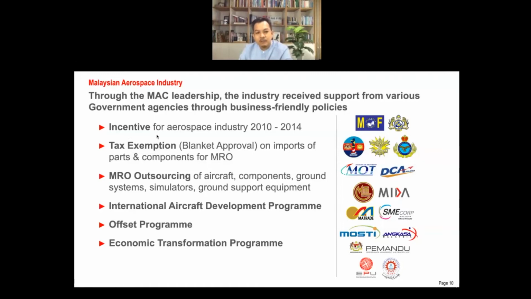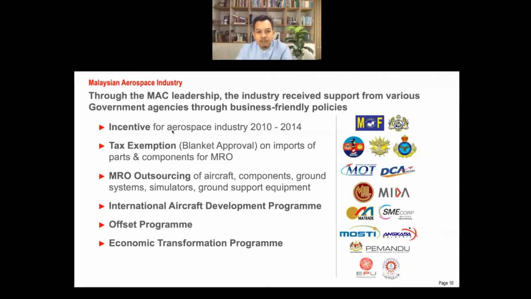So what we call foreign direct investment as well as domestic direct investment, FDI and DDI for the aerospace industry. This is a very special program. So those companies will have special incentives given by the government of Malaysia.